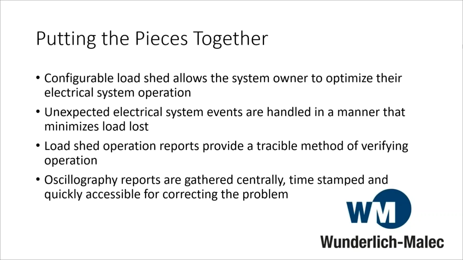So what we've talked about, as you can see, is a configurable load shed system. That's going to keep your electrical system staying on. 100% uptime is the goal. And you can optimize that based on your plant operation, seasonal or daily, and operating priorities. So we've minimized electrical outages to the maximum extent possible. And we've got operation reports that allow you to quantify and verify that your system operated exactly as intended.